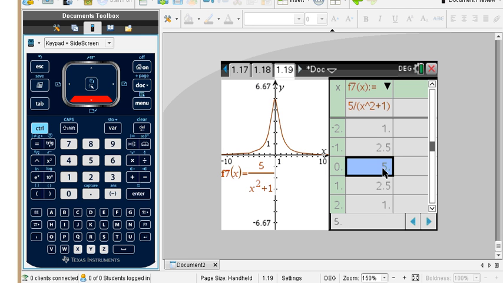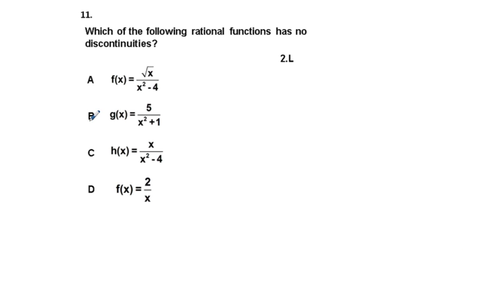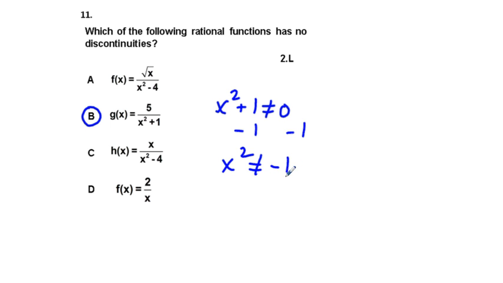Well, at x equals 0, our output value is 5, and there is no discontinuity there. So our correct answer is B. One thing: to have a discontinuity, we have to have our denominator equal to 0. And if we set this x squared plus 1 equal to 0 and try to solve for x, we get x squared equals -1.